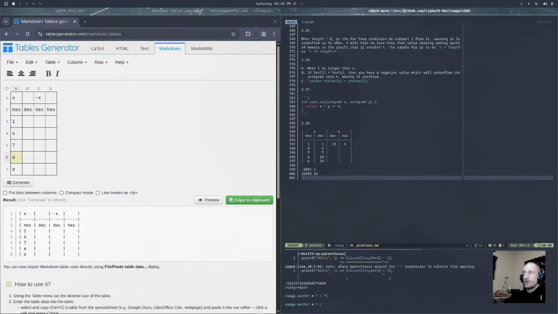And 15 would be represented as 8 plus 4, 12, 13, 14, 15. It'd be all ones, it'd be F. But if you subtract all ones from, or add them, go back over to here.